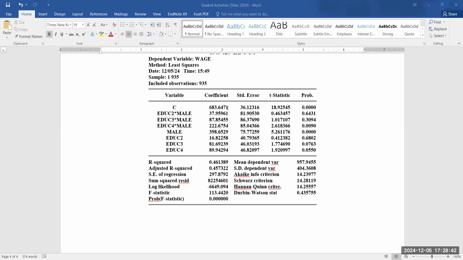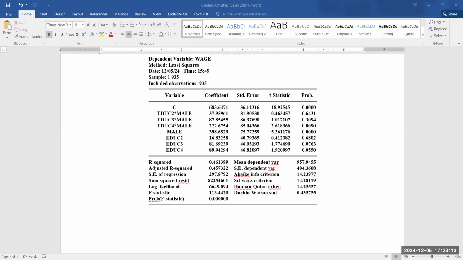The interaction term for males with advanced level of education, however, is highly significant, which suggests a compounded benefit for males attaining the master's degree or higher. So if males are highly educated, they will be earning much higher, even compared to females with the same higher degree.